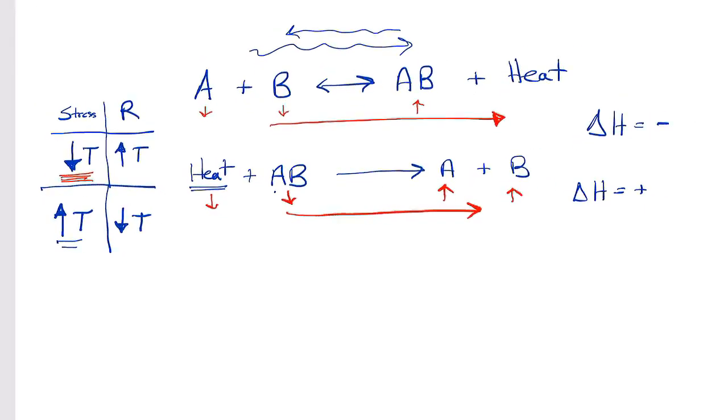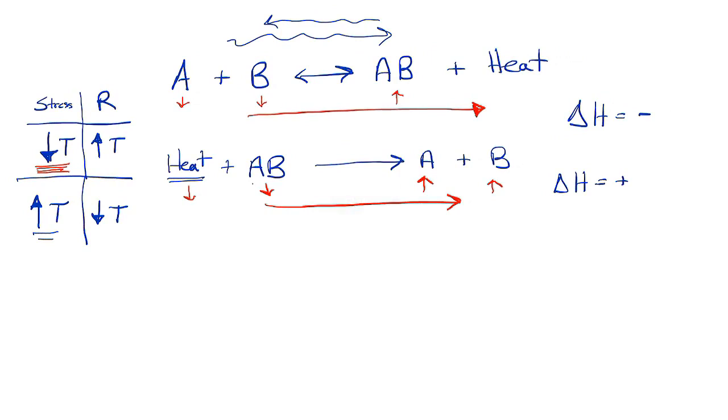Now we've learned that these supposed shifts are really due to the arrow on top here getting more spontaneous, or the direction toward the heat getting more spontaneous as we decrease the temperature. We are favoring the exothermic way.